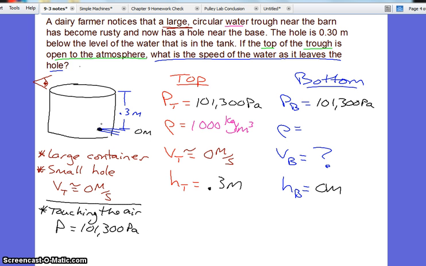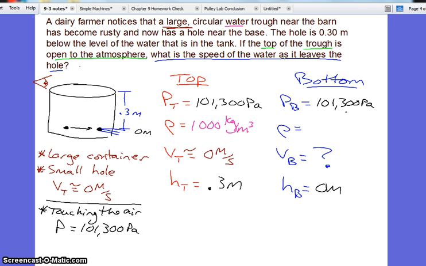Shouldn't the pressure be larger because we are further down in the fluid? And that is true. The pressure right here is larger. So here we have a high pressure, higher than 101,300 pascals, higher than atmospheric. Here the pressure has dropped. When we put a hole in here, we have reduced the pressure. And objects always move towards lower pressure, so the water rushes towards this hole, because we've reduced the pressure, the water moves towards the lower pressure.